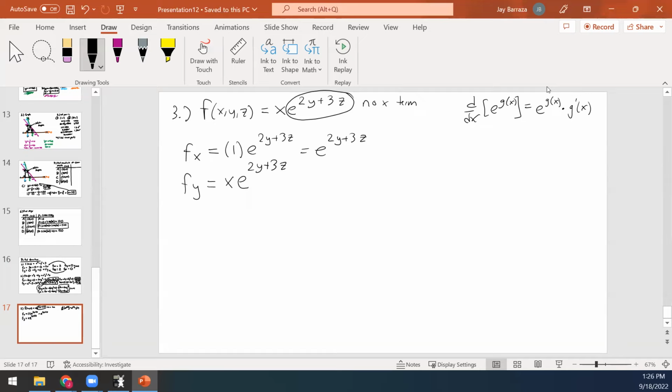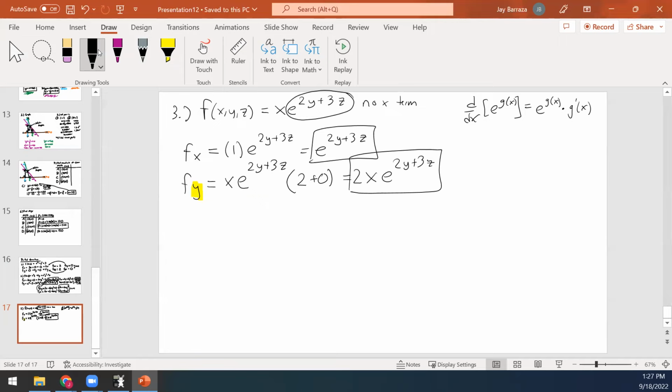I don't do anything to it. I just write it down. Then I'm going to multiply it by the derivative of the exponent. So because I'm doing y, it's going to be 2, because 2y is 2, and then plus 0, because 3z would be 0. And so I get x e to the 2y plus 3z, and then I'm going to put a 2 in front. And that's my answer. Any questions on that?